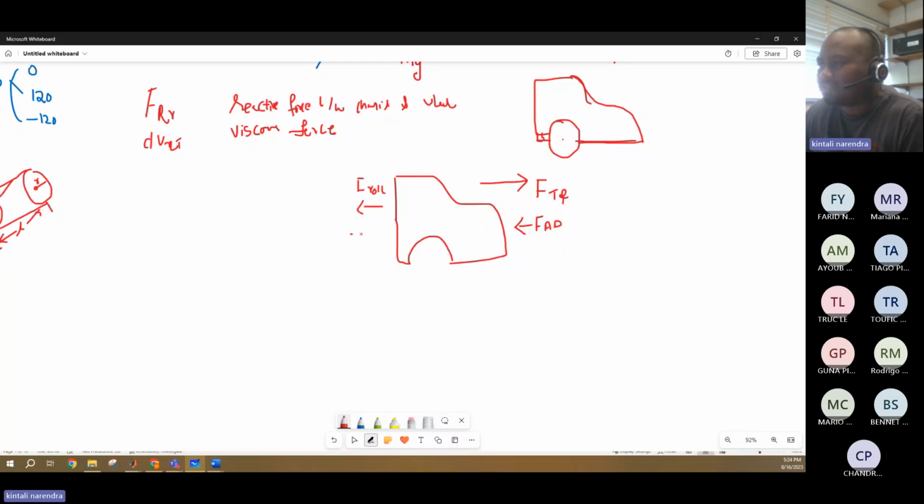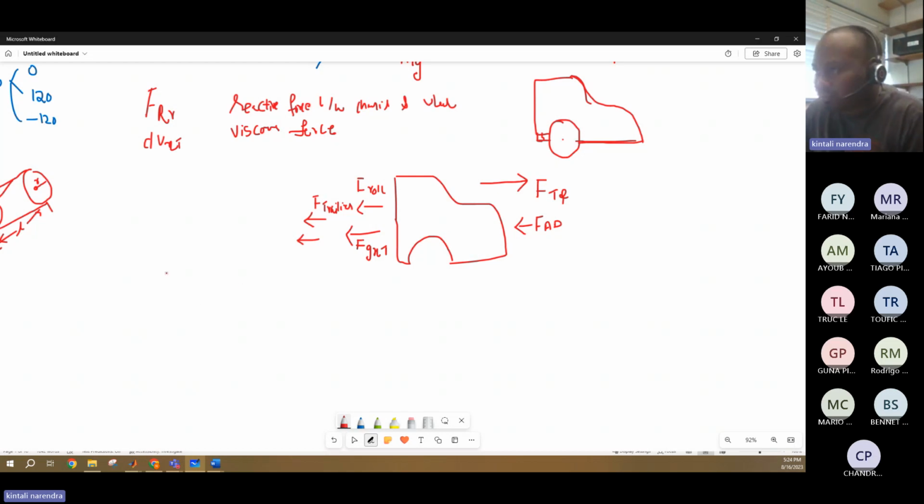And what is the other one? FGXT. These are the forces acting against. Now imagine there is a trailer connected to your vehicle. Then there is a force because of that trailer. And also there is viscous force acting against the vehicle.